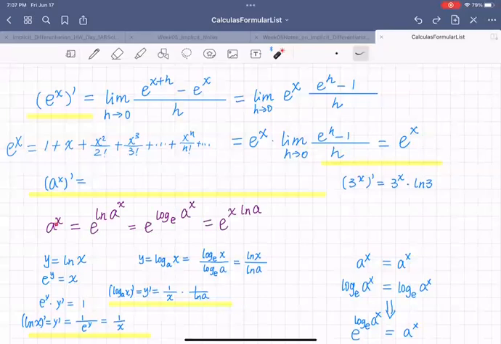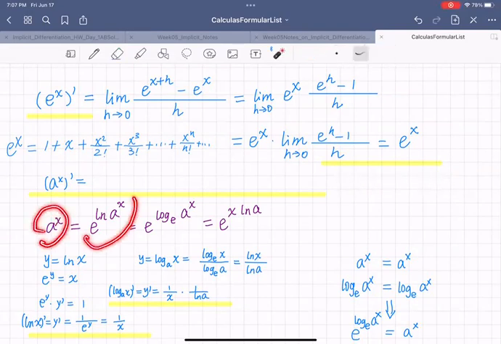A to the power of x can be rewritten. Look at here, this guy can be rewritten as this. You know why? Log and exponentials are inverse functions of each other.